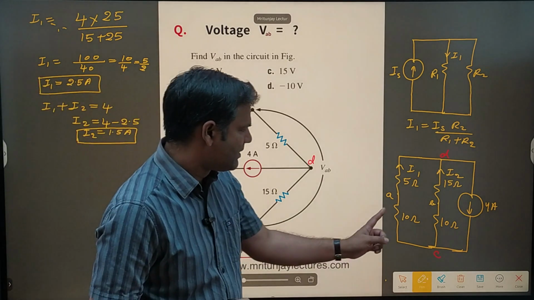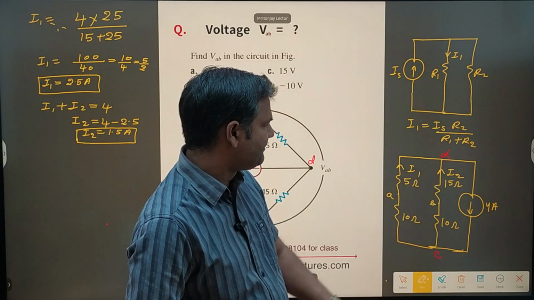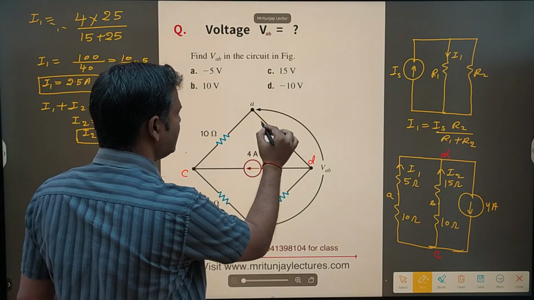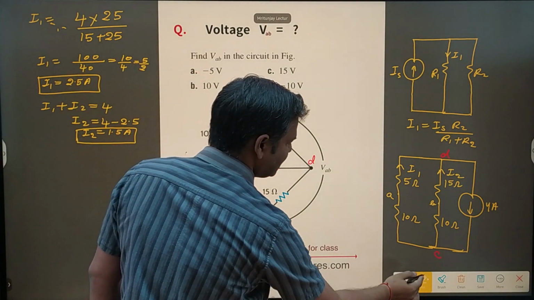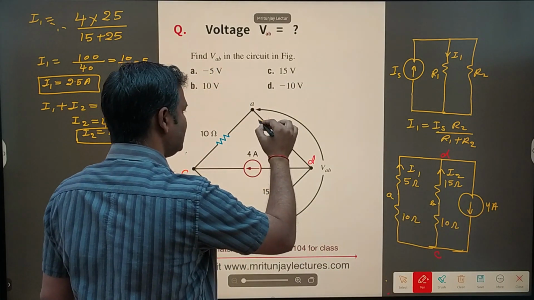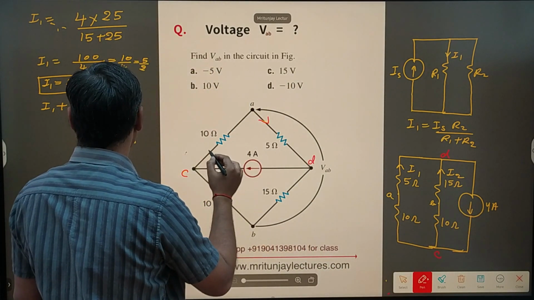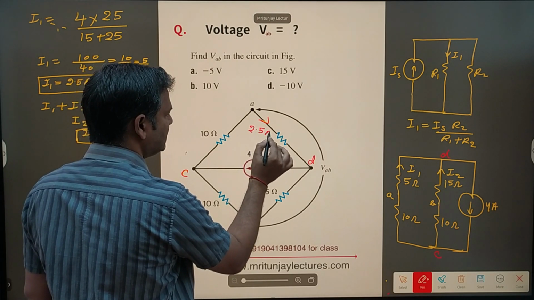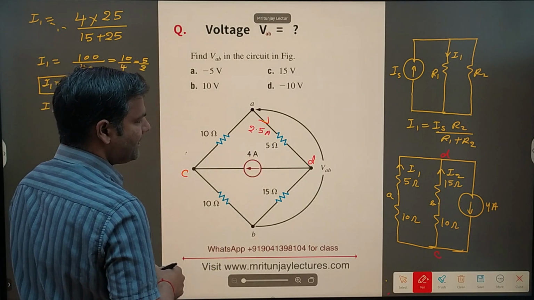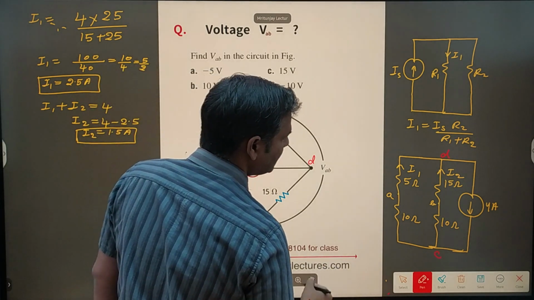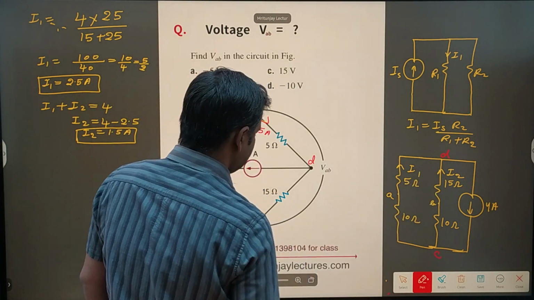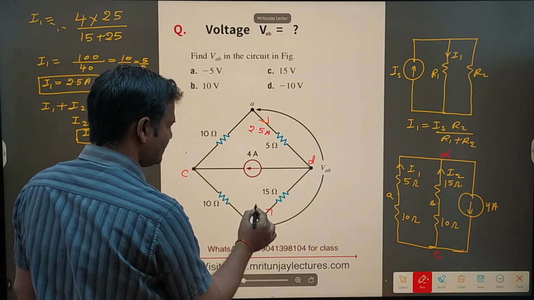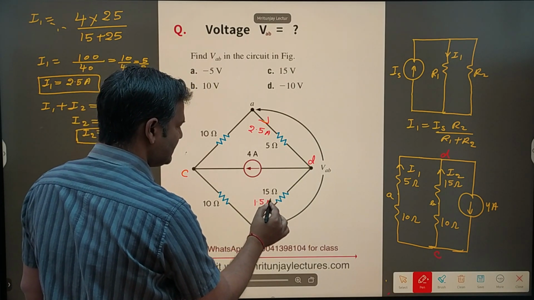I1 from A to D is 2.5, and B to D, how much current? That is 1.5 ampere.